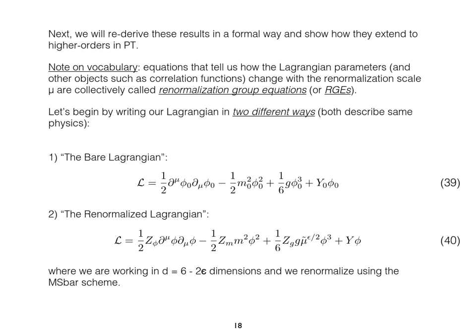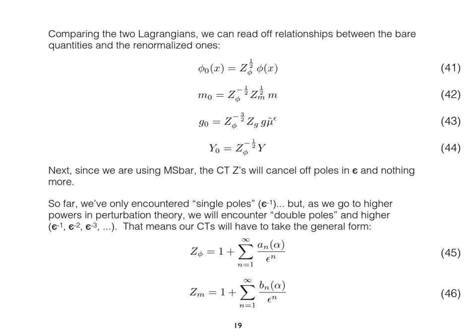So you write your theory down in bare form and then the renormalized form. And then you compare those two, and you can read off relationships between fields, masses, or couplings in the bare case and the fields, mass, and couplings in the renormalized case.